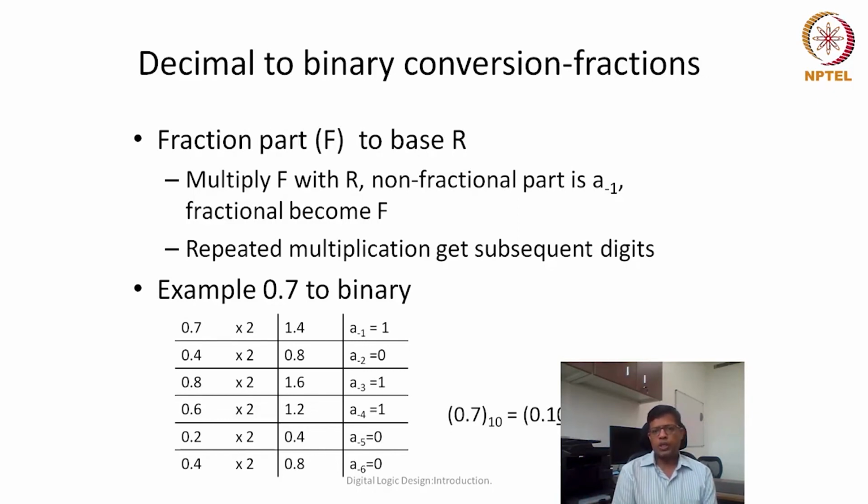This is how we can convert a decimal number to a binary number, be it fractional or non-fractional. One more thing we will try to understand in this lecture: in binary we have a base of 2, is there any other base which is important for us in this particular course?